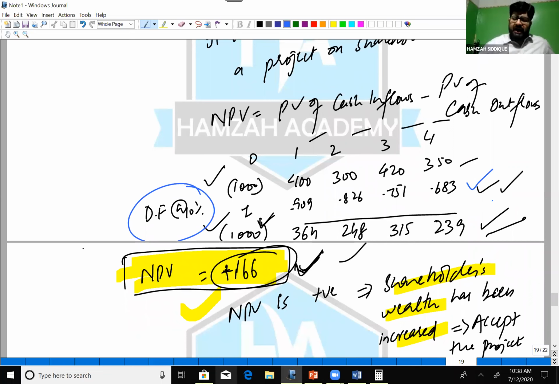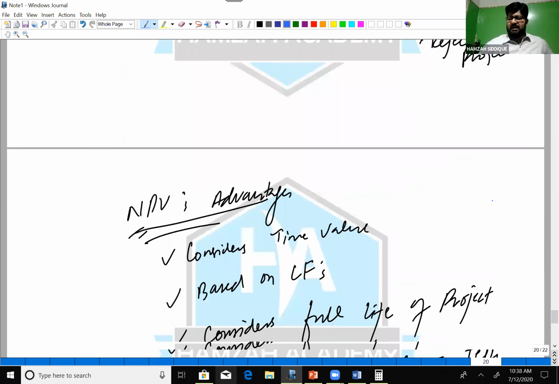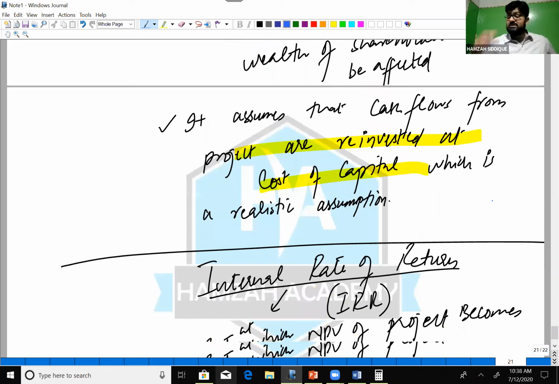IRR has another definition which I developed.